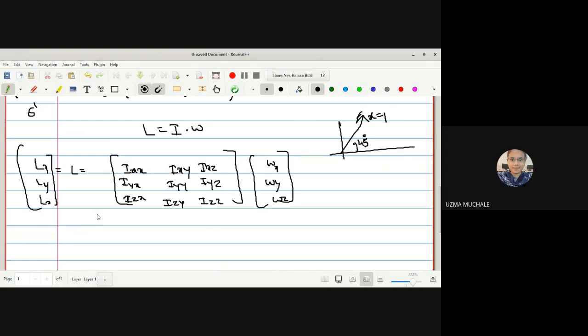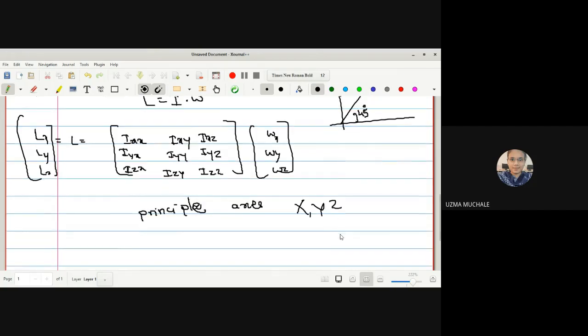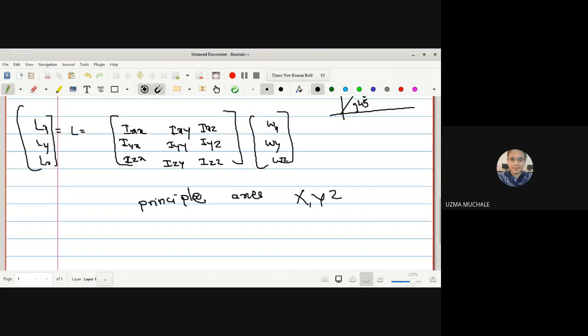So instead of considering different axes, we are going to consider only the principal axes. These are our principal axes: the x, y, and z axes. We are not going to consider any in-between axes.